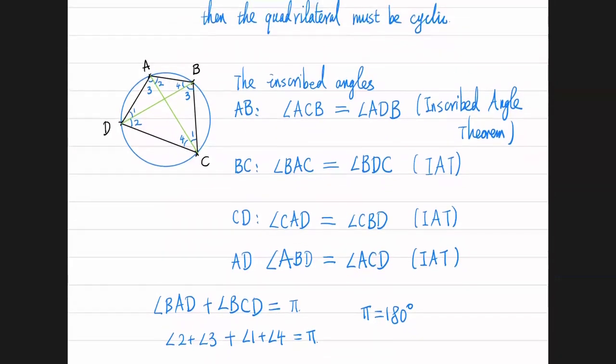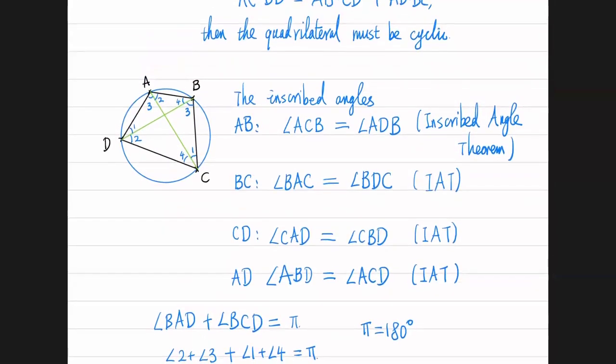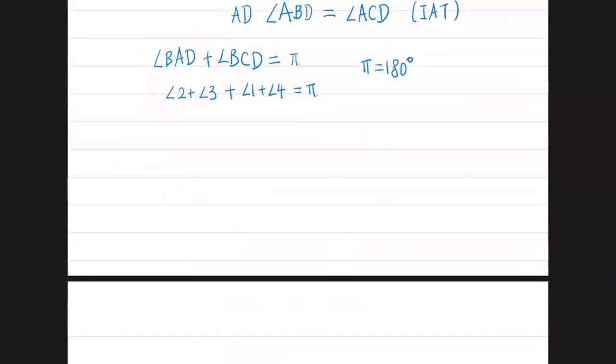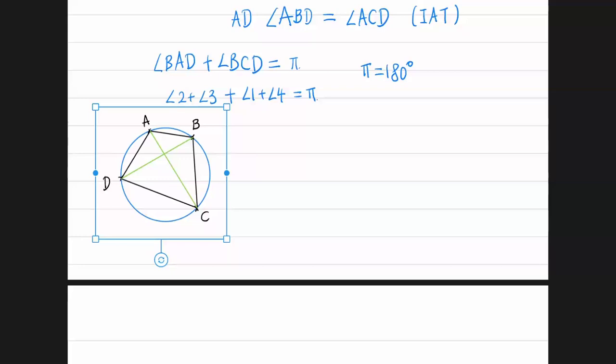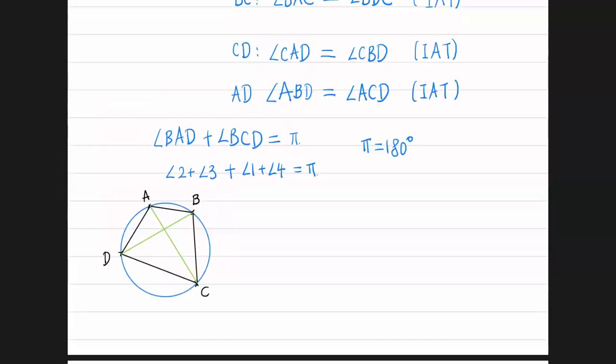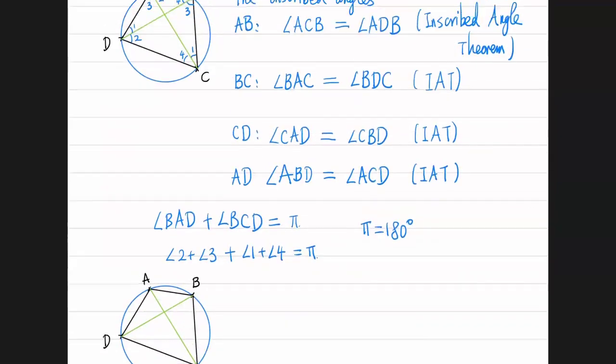Next, let me make another copy of this. Make a copy. Oh, where are my angles? Okay, my angles are not copied. Inconvenient.